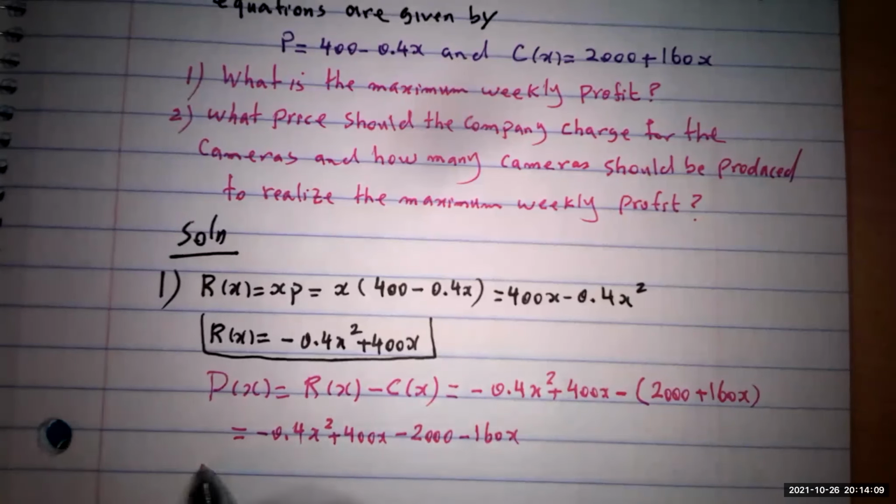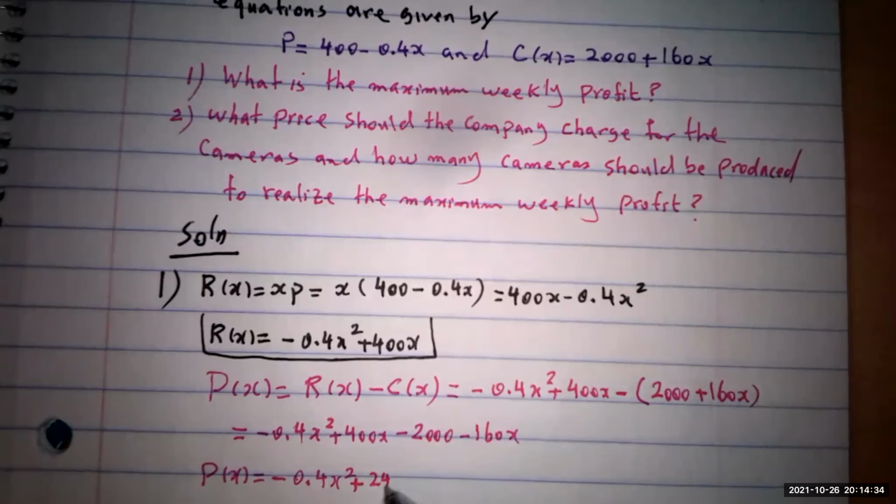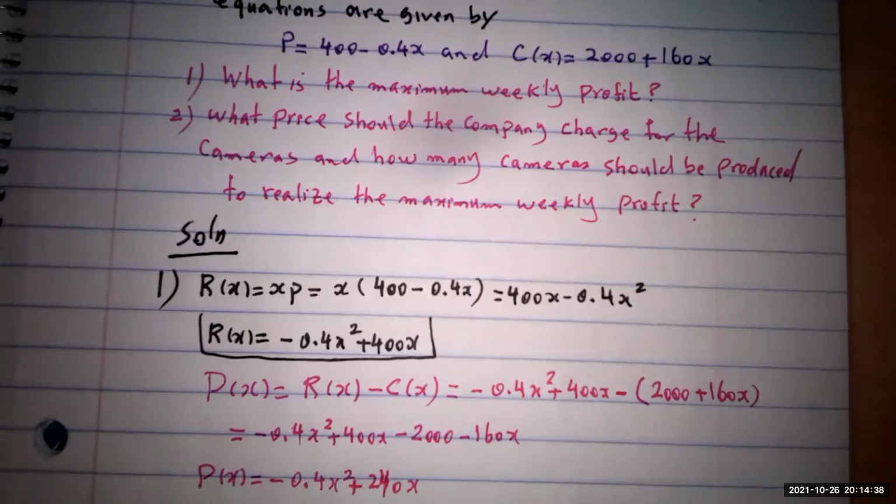So the profit function is negative 0.4x squared, and 400 minus 160 gives you plus 240x, minus 2000.